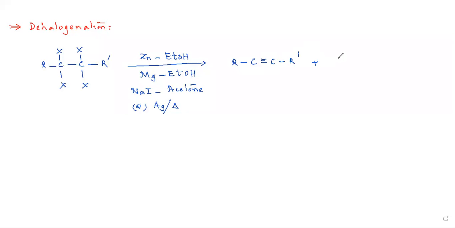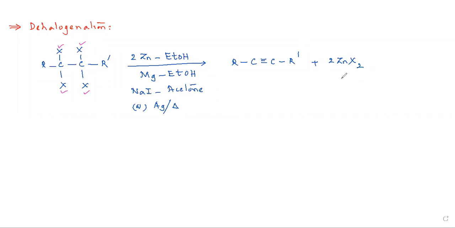See, along with this, we get 2 moles of ZnX2. So all these are eliminated. You are eliminating 2 atoms, one from each carbon atom, so you get a double bond between the two, with 2 extra bonds.